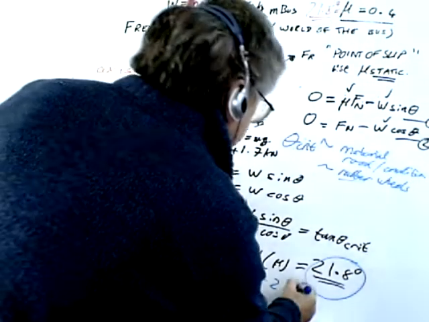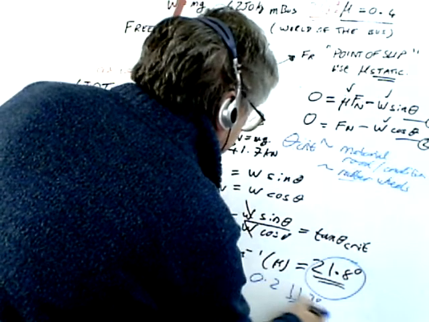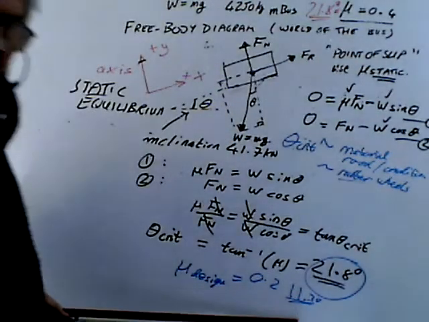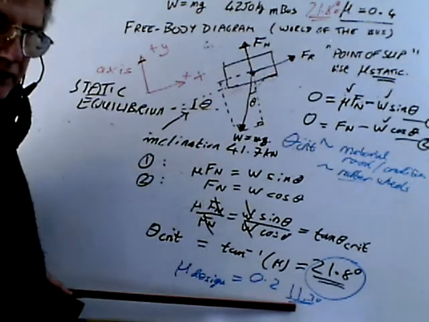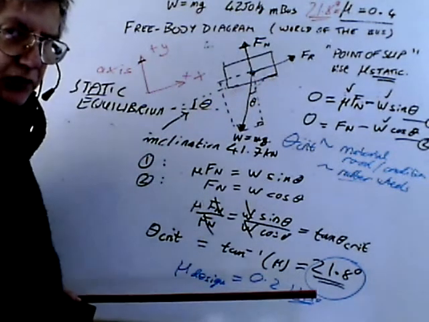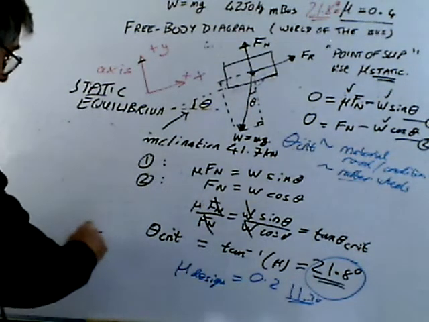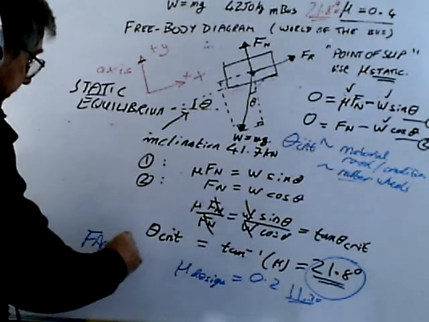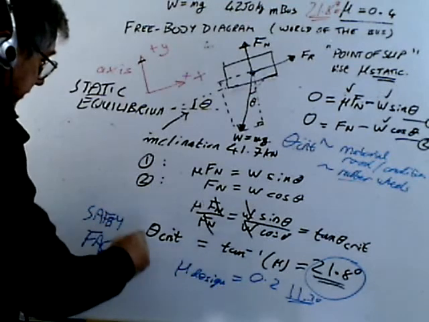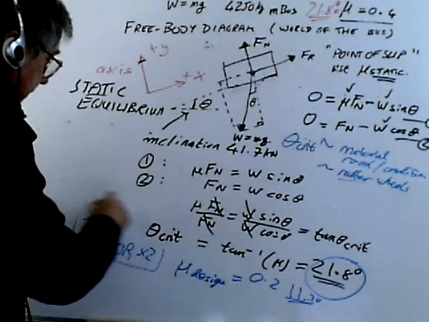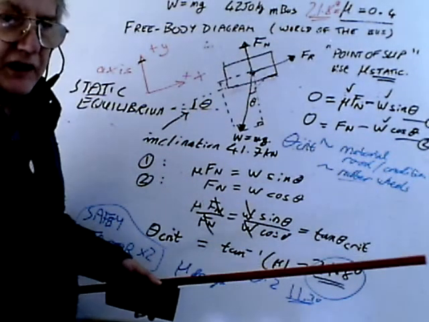That would be 11.3 degrees. So in reality, I would recommend to the designers of the roads that they have a maximum inclination of 11.3 degrees and no greater. That would include a safety factor of 2 in my design. And the bus would probably not slip even if it was icy.